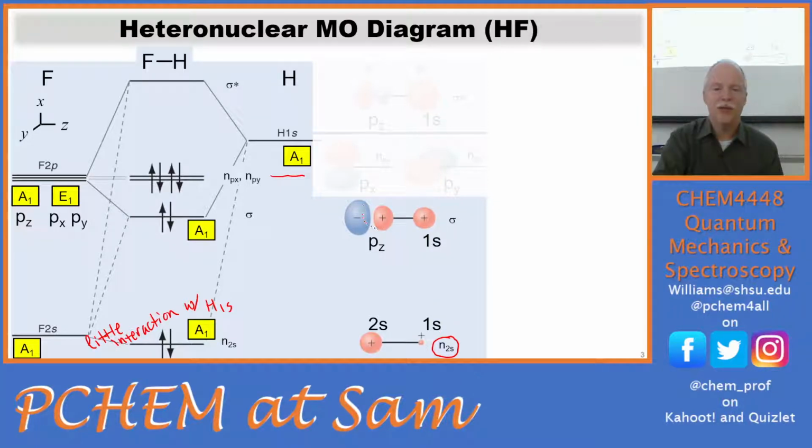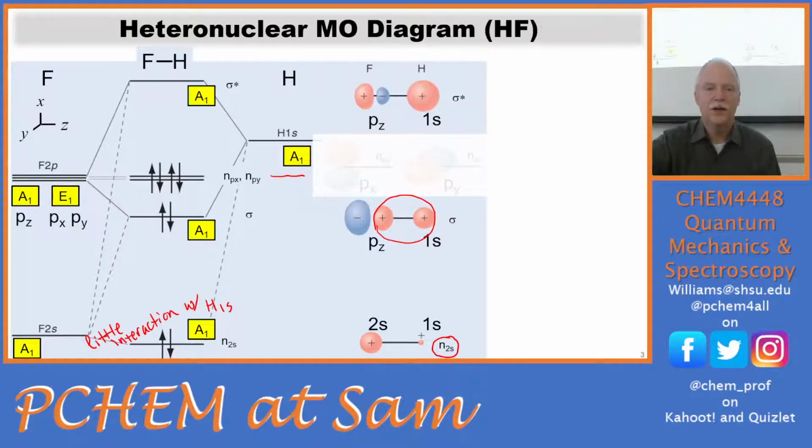Whereas this one, this is the PZ interacting with the 1s. You see the PZ orbital here and the 1s orbital on the hydrogen, and these essentially have merged. Think of them as water and oil, and these are both water, so they'll suck together and make a single drop. Okay. And you have 1 node.